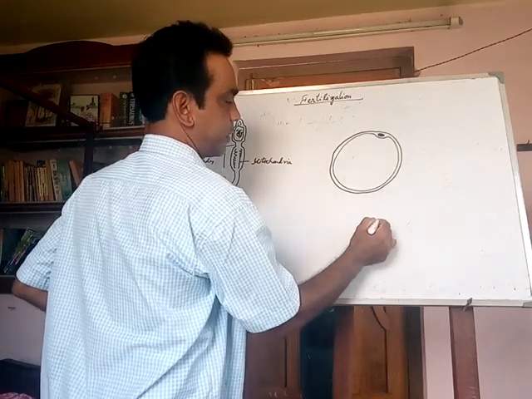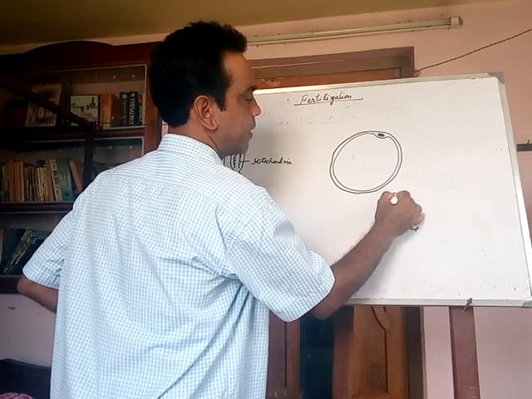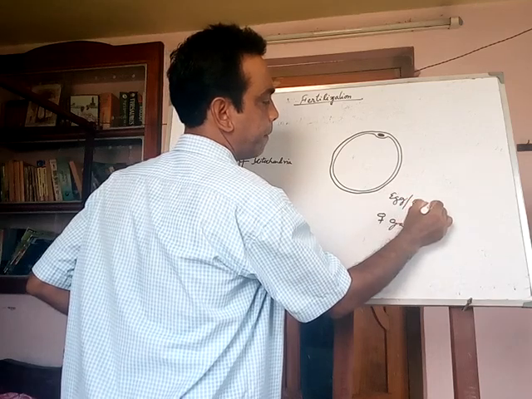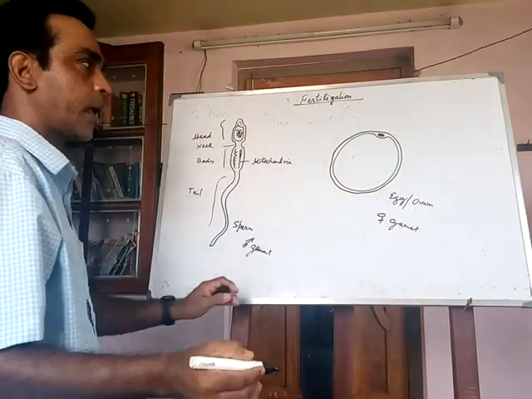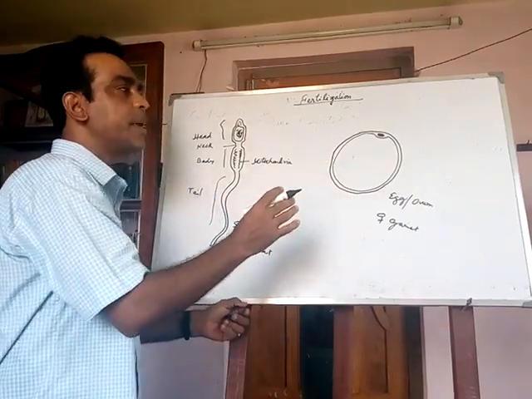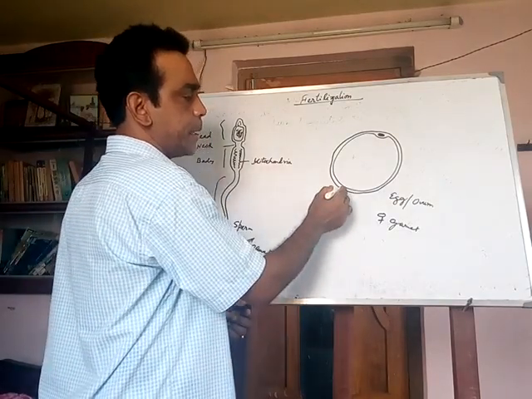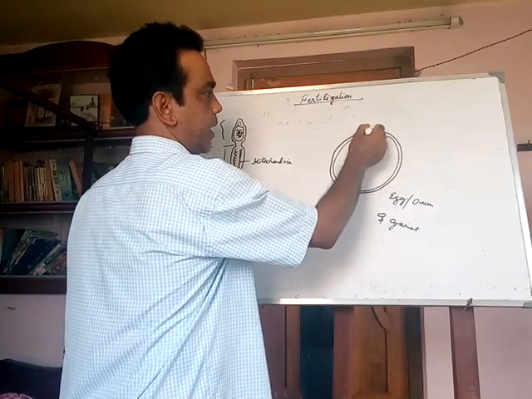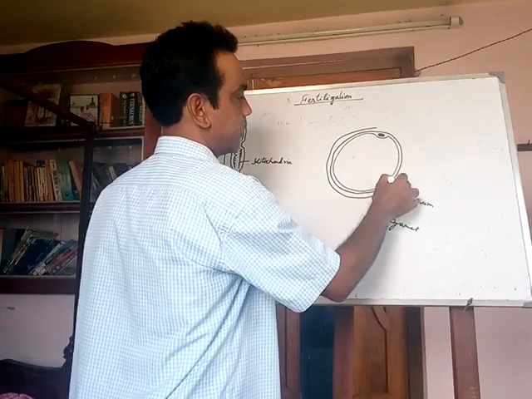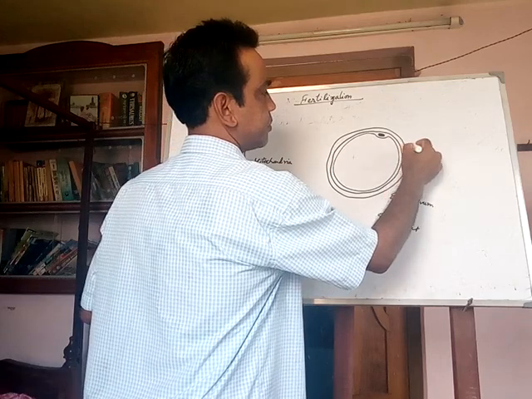That is the female gamete, or egg, the ovum. There are separate membranes we see here, the vitelline membrane, and another membrane, the outer membrane, which is called the zona pellucida.